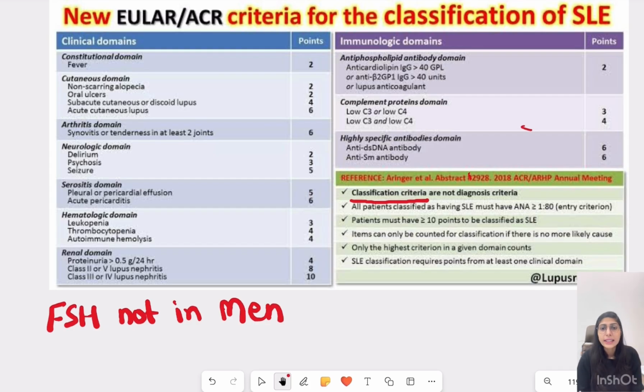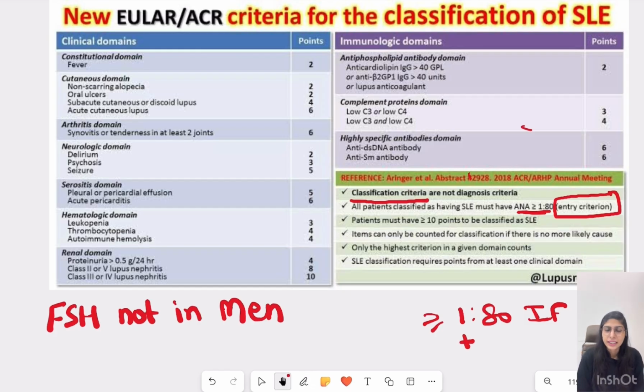the patient should have an entry criterion. Now, the entry criterion is ANA more than or equal to 1:80 by immunofluorescence. Plus, if the patient is having ANA positivity, then only you go ahead with the additive criteria. The additive criteria are given certain points. They are clinical features as well as antibodies.